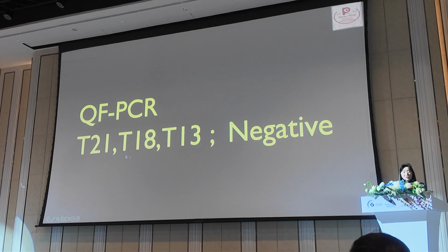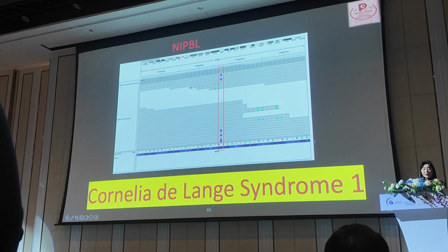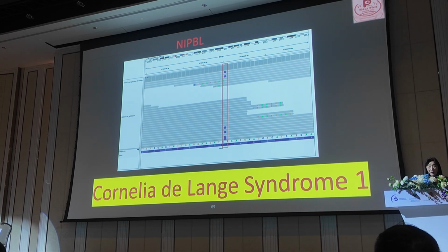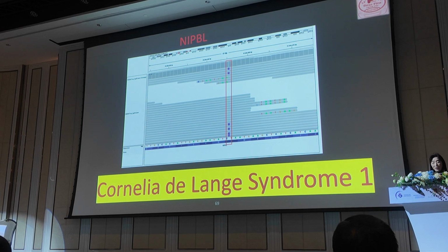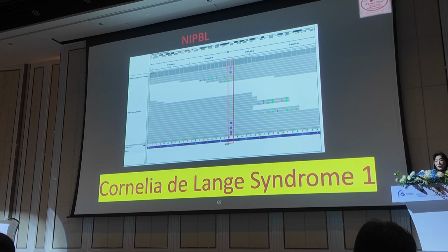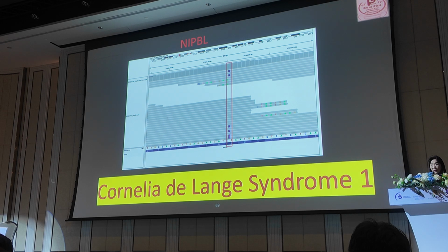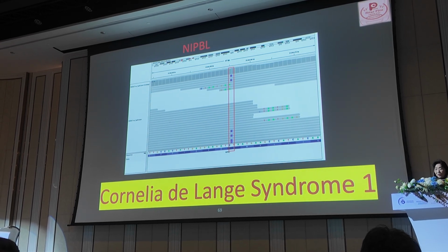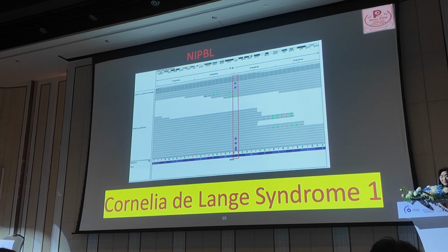But qPCR for 21, 18, 13 was negative, and this one is Cornelia de Lange syndrome, with an NIPBL gene variant. Okay, so sometimes if you have no trisomy 13, no trisomy 18, think about that. You have to dig deeper to see the genetics.